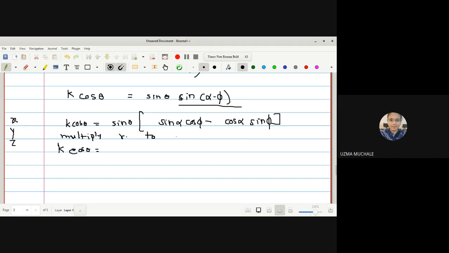Why we are multiplying, you will come to know later on. So I will get r sine theta sine alpha cos phi minus r cos alpha sin phi sin theta, after multiplying the equation by r.